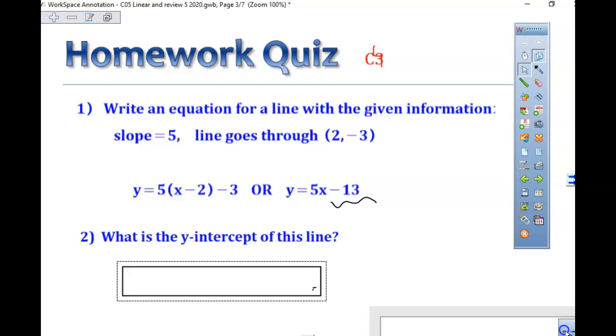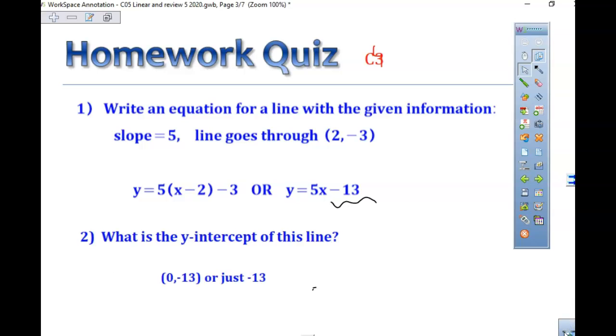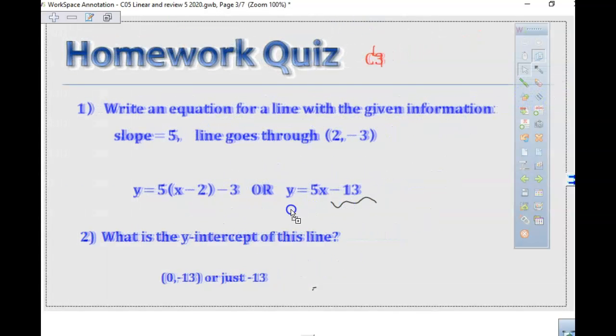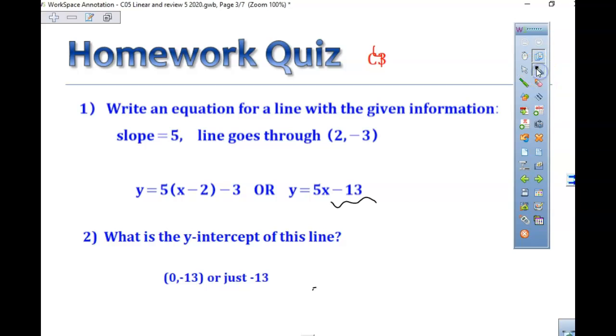So I would have taken 0, negative 13. I did not want this whole equation for the answer of what's the y-intercept. So you need to be careful on the quiz when you look at that also, okay?